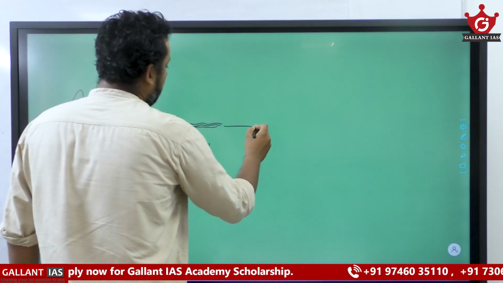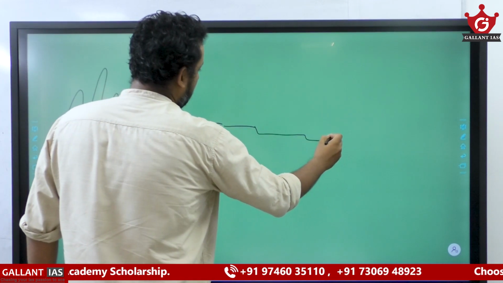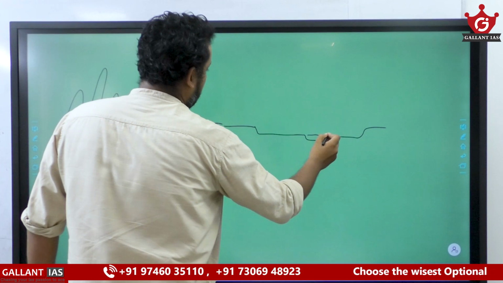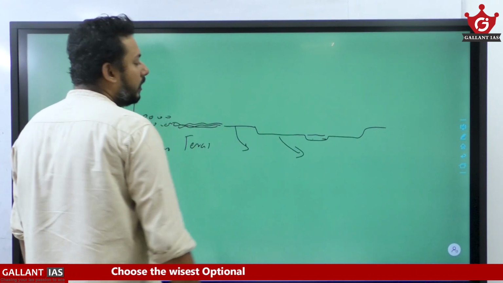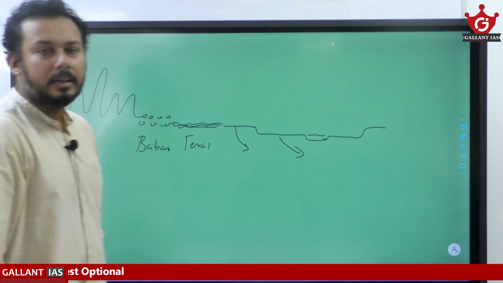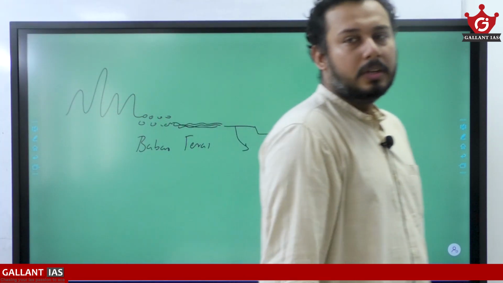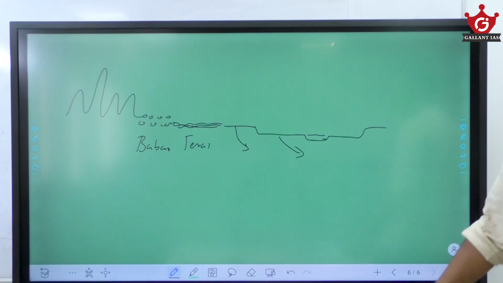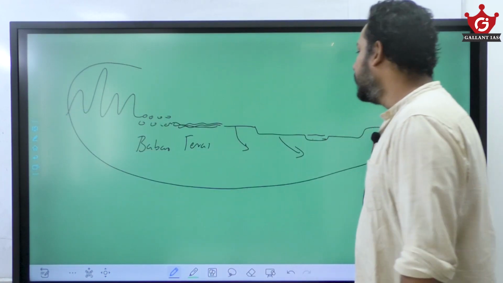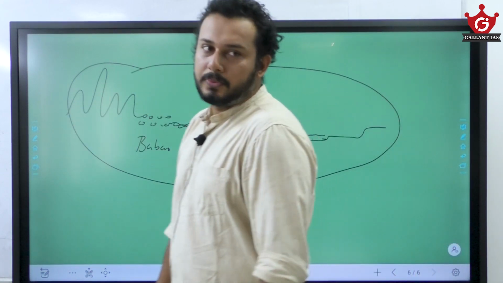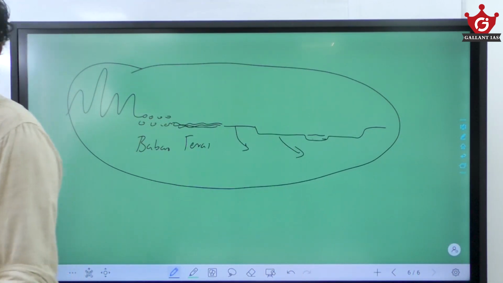Then we have the old alluvial soil and the new alluvial soil, the Bhangar and Khadar regions. Study this division, which is very important and also very confusing. We drew a figure in the class, so study with the help of this figure, which will help you remember the facts.